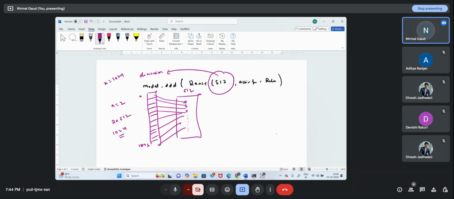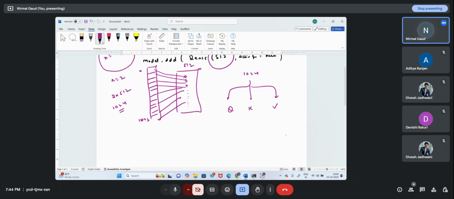Okay, and we have to split this 1024 to give to QKV. So the value of Q will be x into w to the power q, x into w to the power k, x into w to the power v. To the power v, it's a subscript actually, not super.